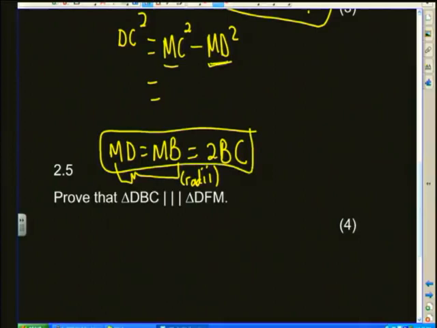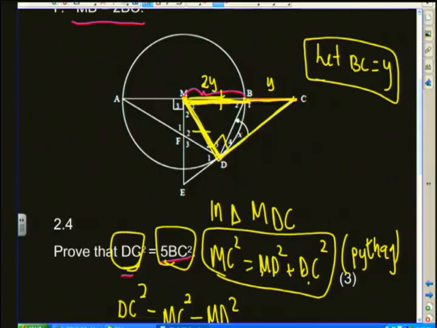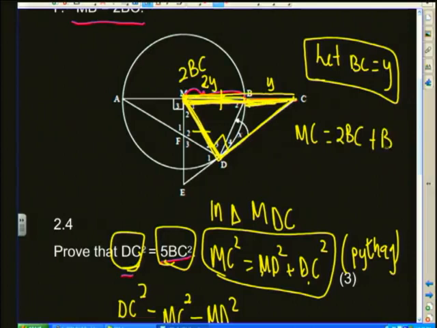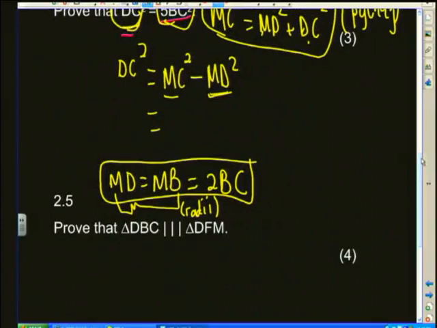If we have a look at MC, remember that MB is twice BC, so that's 2 times BC. So the whole length, MC, that's going to be equal to MB, which is 2BC, plus this little length here, which is BC. So MC, the whole length, is equal to 3 times BC. All right, so MC is equal to 3 BC. Let's put that in.